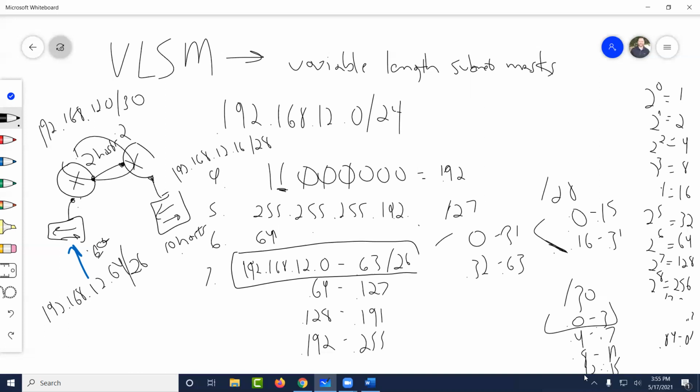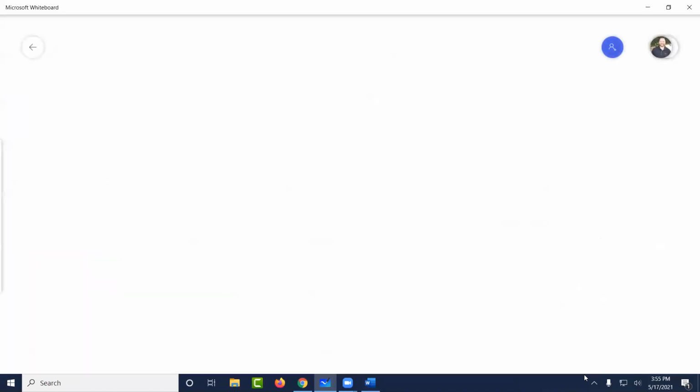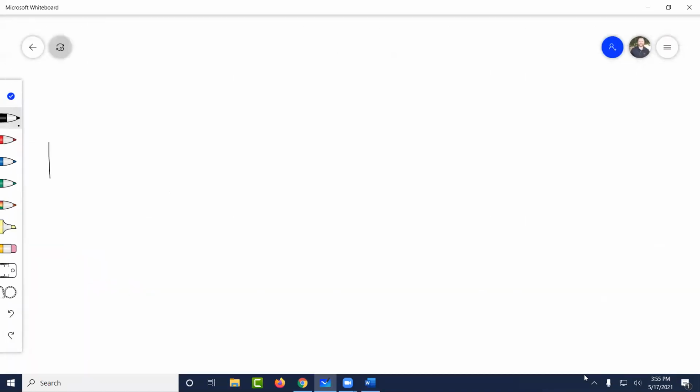What we're doing, by the way, folks, let me show you something. All we're doing when we're doing VLSM is we are subnetting a subnet. So this is a /24, right? So we borrow 1 bit, and remember our magic number or our variable at this point is 128.